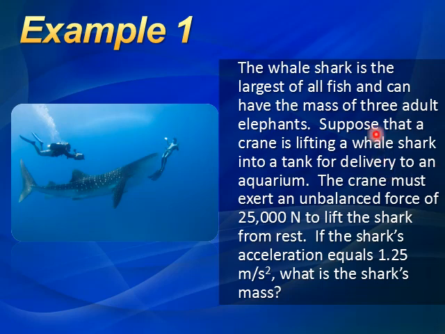So, the whale shark is the largest of all fish and can have the mass of 3 adult elephants. Suppose that a crane is lifting a whale shark into a tank for delivery to an aquarium. The crane must exert an unbalanced force of 25,000 newtons to lift the shark from rest. If the shark's acceleration equals 1.25 meters per second squared, what is the shark's mass?